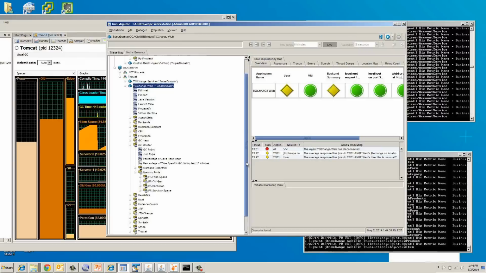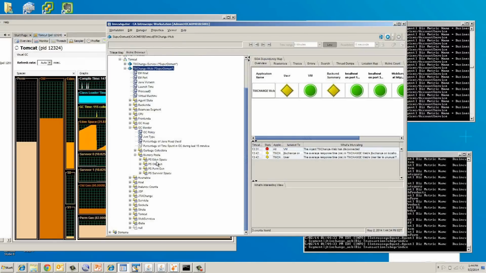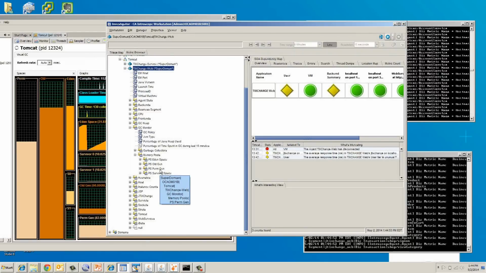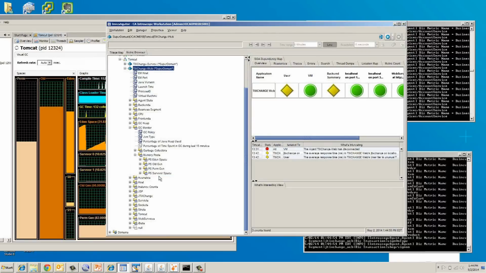We'll open it up, and we see that we find 4 memory pools in this particular JVM, in this setup. You should be familiar with them by now. We have the Eden space, a little piece right here, the old generation, the perm generation. Remember, this is where class definitions are stored, and then the survivor space, those little 2 spaces.